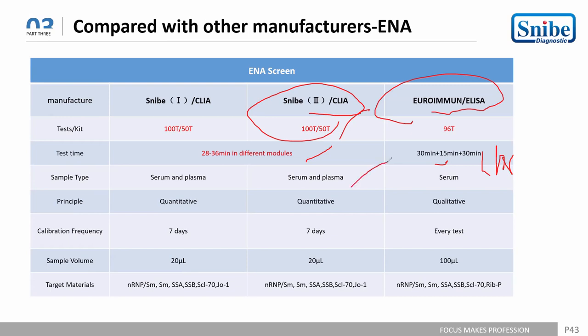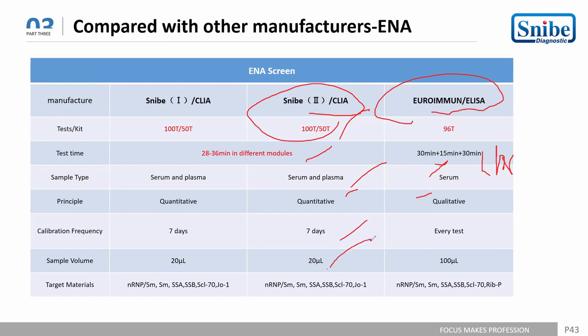So we have serum and plasma, both sample types recommended, as compared to the limitation of the Euroimmune ELISA technique, only with serum. We have a quantitative analysis versus the qualitative. We have a calibration frequency of every 7 days, but for every test or every batch, they need to run a calibration.